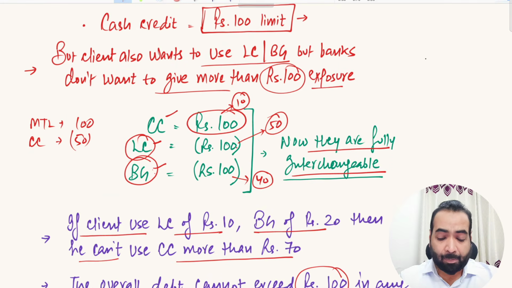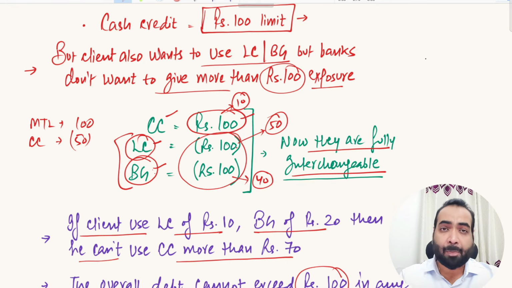So here in this example, the CC is rupees 100 and both non-fund based facilities are allowed as 100% interchangeable with the CC limit. This doesn't happen practically because there is some restriction by RBI also: non-fund based limits need to be some portion of the fund based limit, not totally 100% interchangeable.